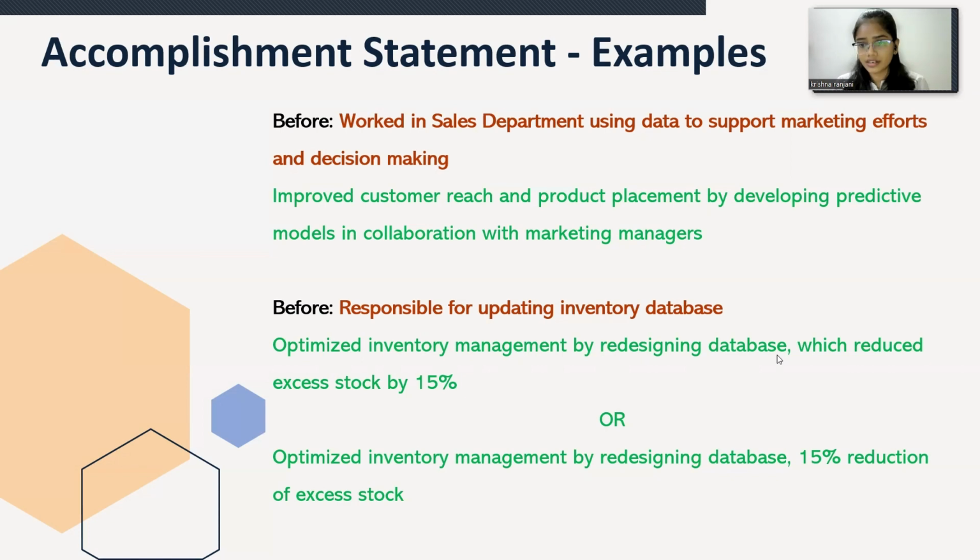You have redesigned the entire database, which reduced excess stock by 50%. It means you are giving them a proof for the work you have done. It can also be written as: optimized inventory management by redesigning database, 15 percent reduction of excess stocks, right? Always have numbers, results, and action, right?